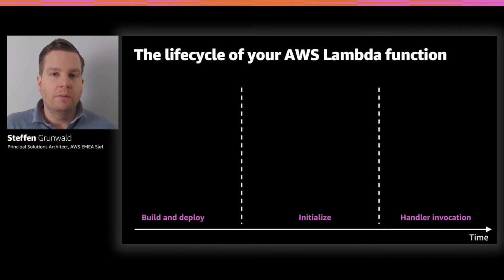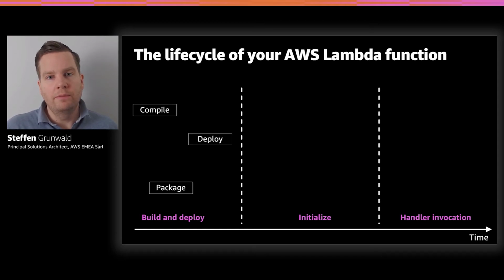I wanted to go deeper into the lifecycle of the Lambda function and look at the 3 different phases. One is build and deploy, where your build server is taking the code, compiling it, creating a package, putting that package to Lambda and deploying a function.